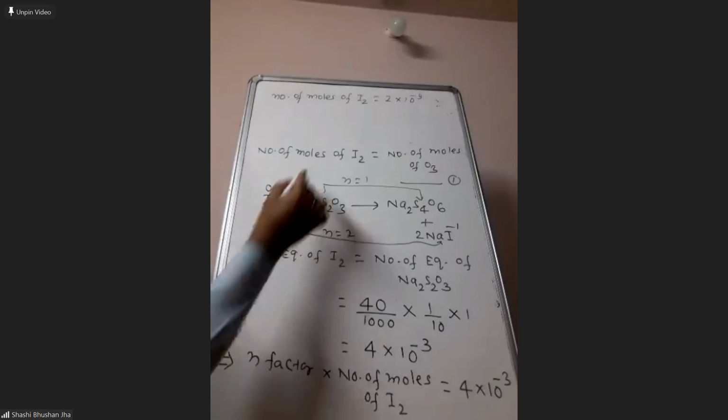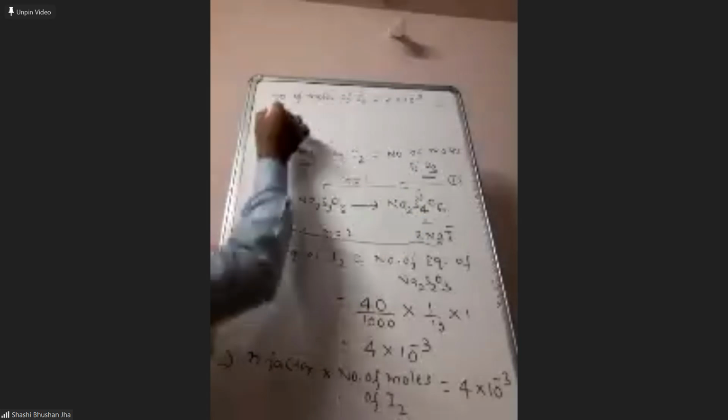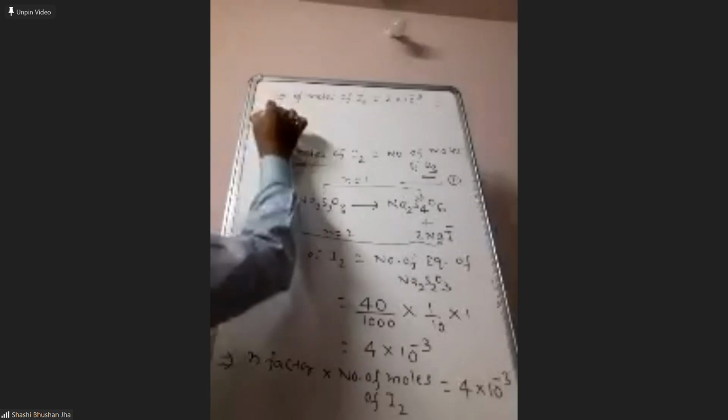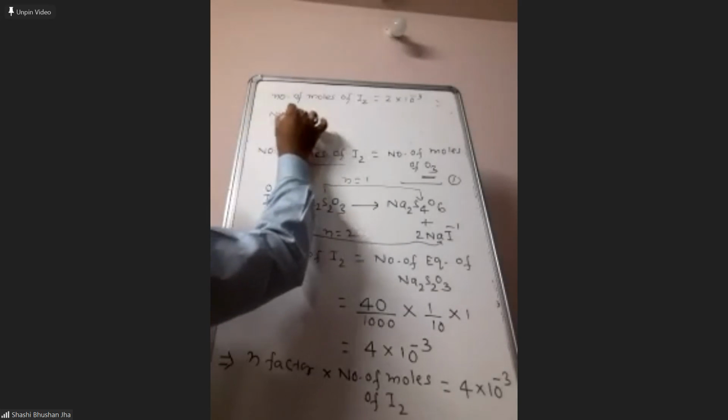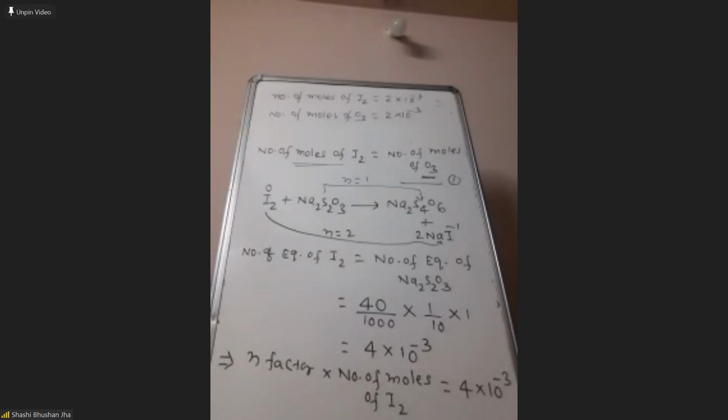Now, if you got the number of moles of iodine, you got the number of moles of ozone also. Both are equal. So the number of moles of ozone will be 2 into 10 to the power minus 3. From here, the second part of the question will be solved.